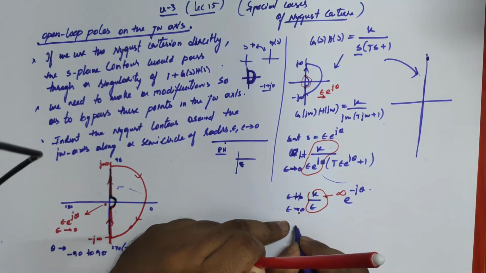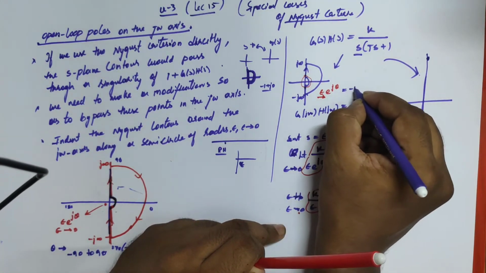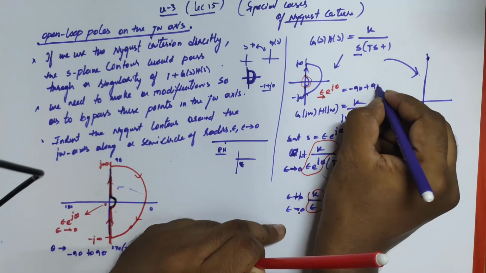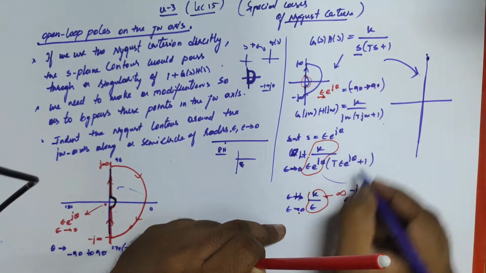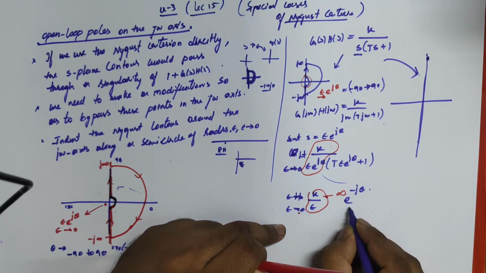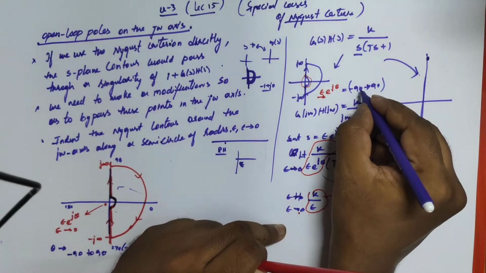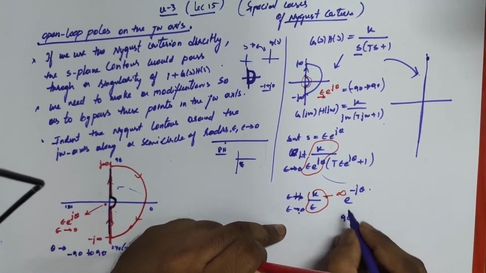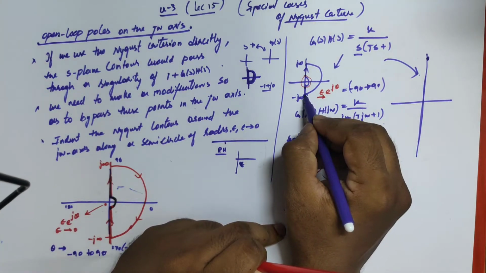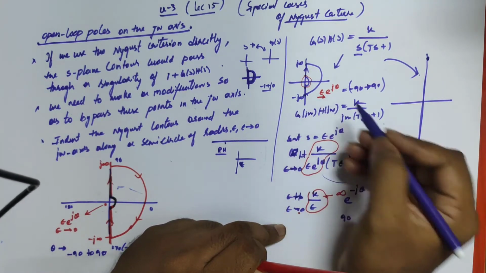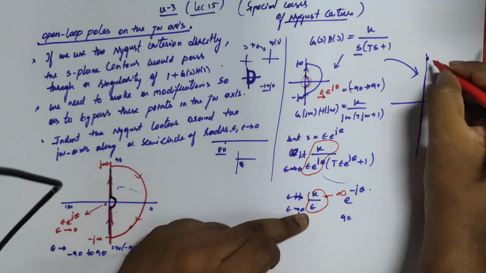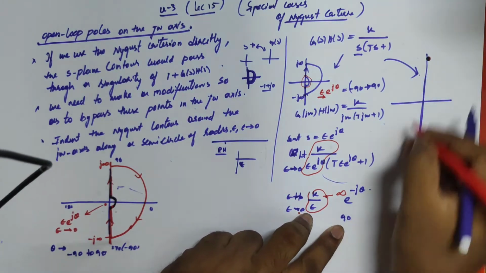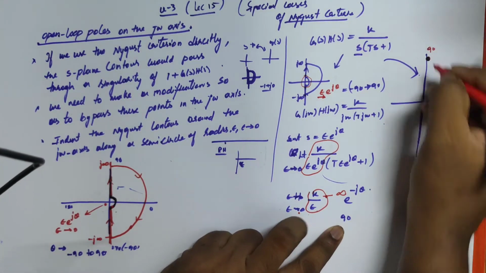At minus 90, as epsilon tends to 0, I am getting infinite magnitude, and at 90 degrees, this is one point.